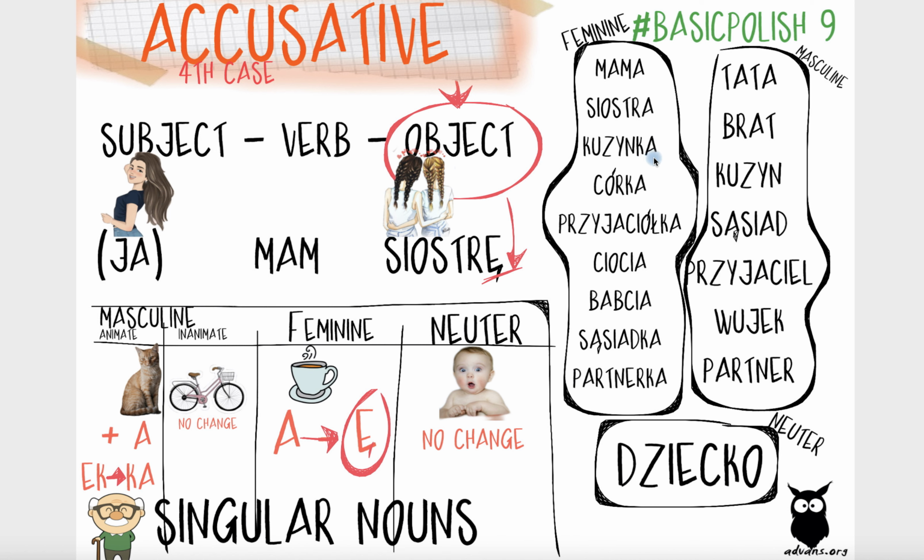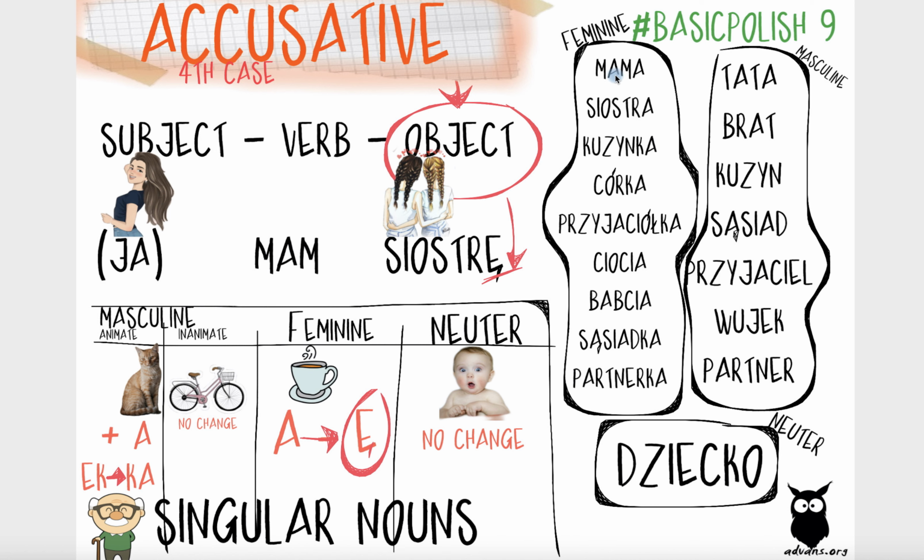So kuzynka, female cousin. So I've got a cousin who identifies as female would be mam kuzynkę.